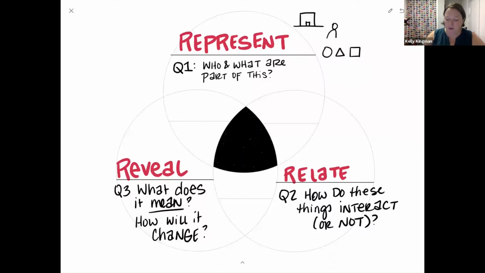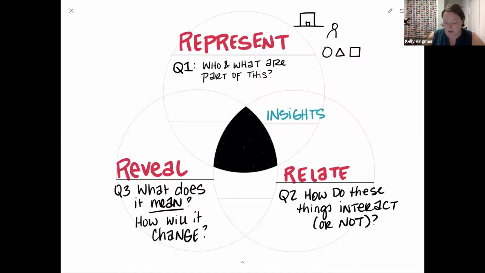When you combine representation and relationships, you get insight, because you have a clear picture of the situation.